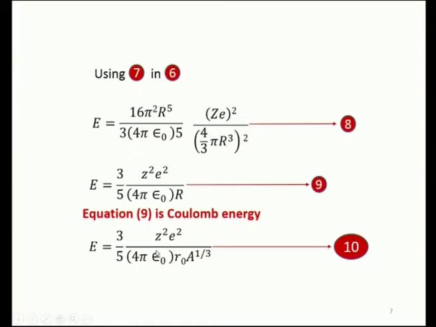R naught is the radius constant. As we already discussed, it will be around 1.2 Fermi. It is not a universal constant; it changes slightly, from 1.1 to 1.4 Fermi. What is a Fermi? A Fermi is 10 power minus 15 meter. Why that small variation? Because the binding energy is not constant; it varies slightly.